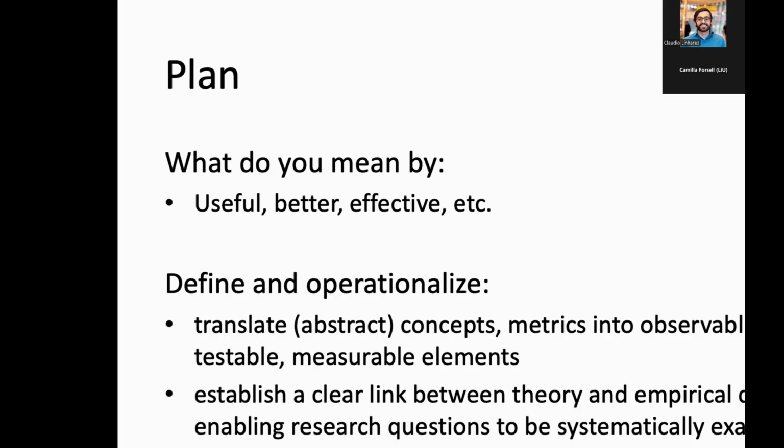And as it says here, establish a clear link between theory or previous results of your own and the empirical data that you aim to collect, right? So you need to be crystal clear about what you are measuring and how you're actually going to do it.